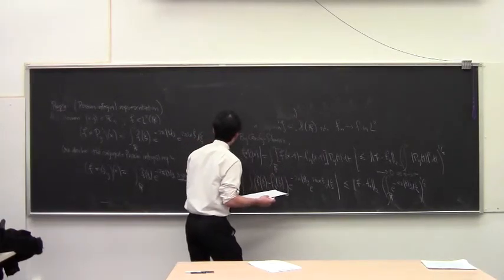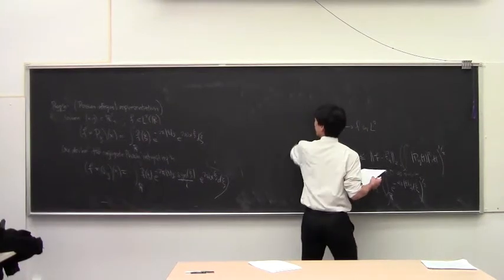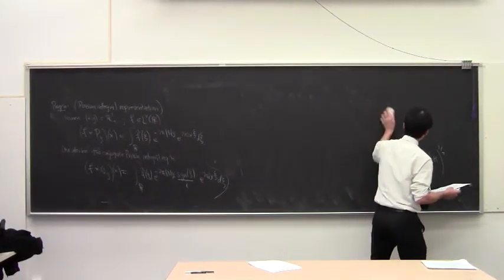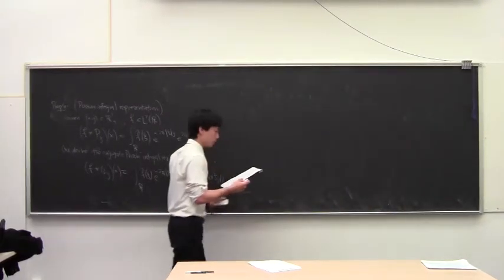So we have now the Poisson integral representation, and we make the following observations.